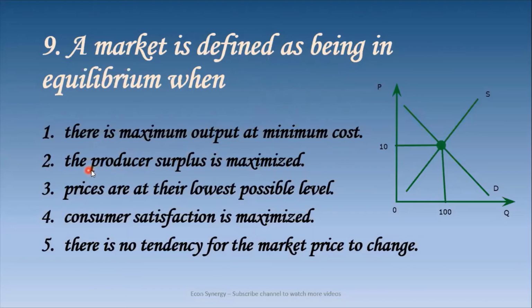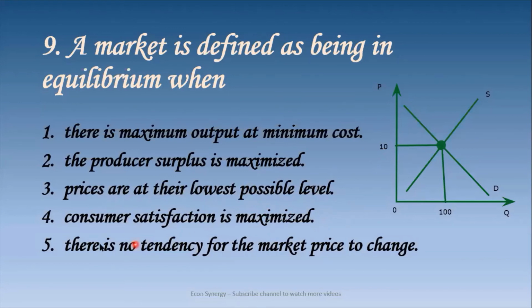The producer surplus is maximized. Then we can't say producer surplus is this part. We can't say there is equilibrium. The prices are at the lowest possible level. That's also not the equilibrium. Consumer satisfaction is maximized. That is also not the equilibrium.